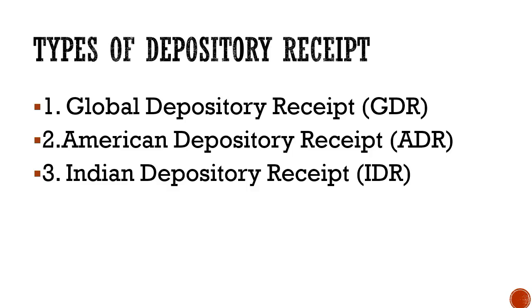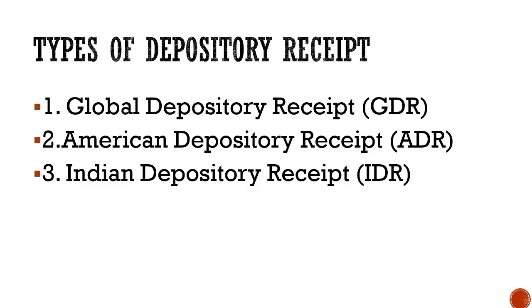Global Depository Receipt is a depository receipt whereby the Indian company, we take an example of the domestic as Indian and the foreign country as, let's say, any country in the world, for example USA itself. So when an Indian company wants to raise funds from an outside country, it will issue a receipt known as the Global Depository Receipt.